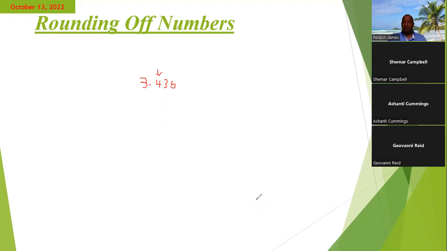In this case, it is three, so it will just remain at 3.4. All right. Now my question to you though, why do we add one or why not add one? What is the rationale behind that?